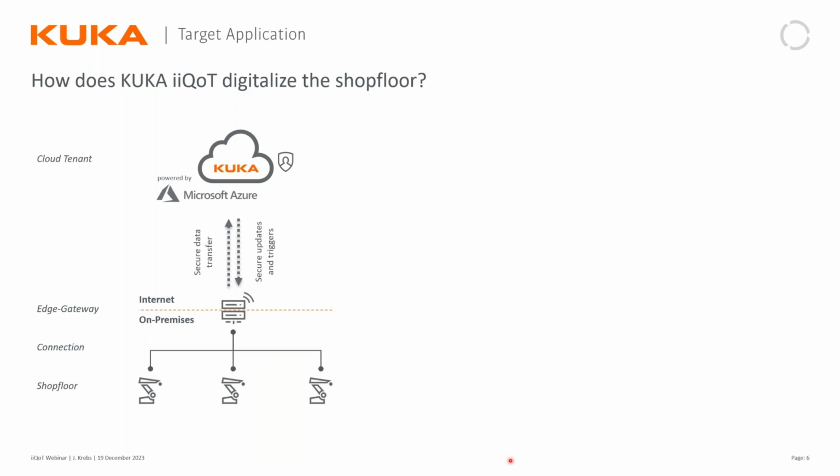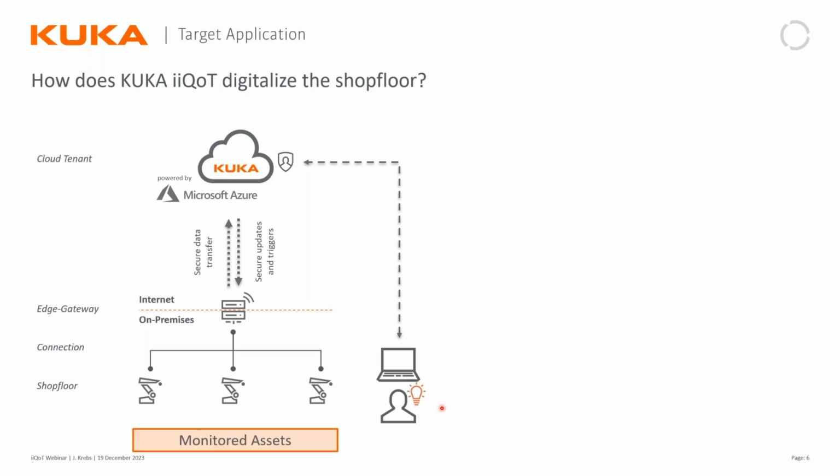That cloud tenant is assigned to each customer individually, and this information is transferred up to the cloud in order to be analyzed and visualized. The visualization is then shared back on the shop floor, where the users consume iiQoT and use this insight. So what we do is we monitor assets and we create value.